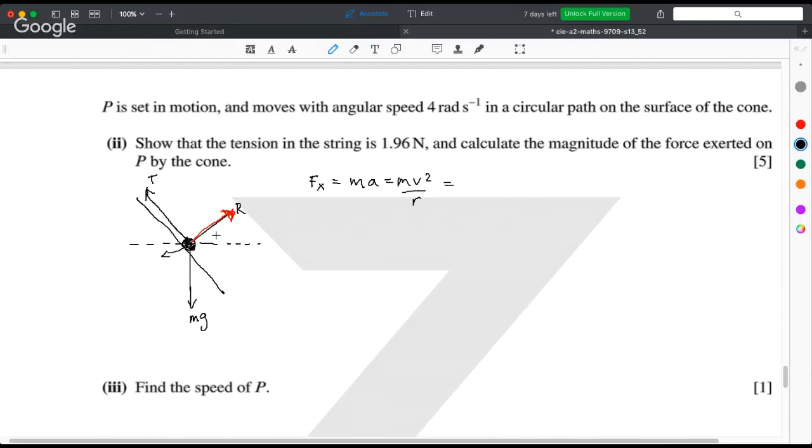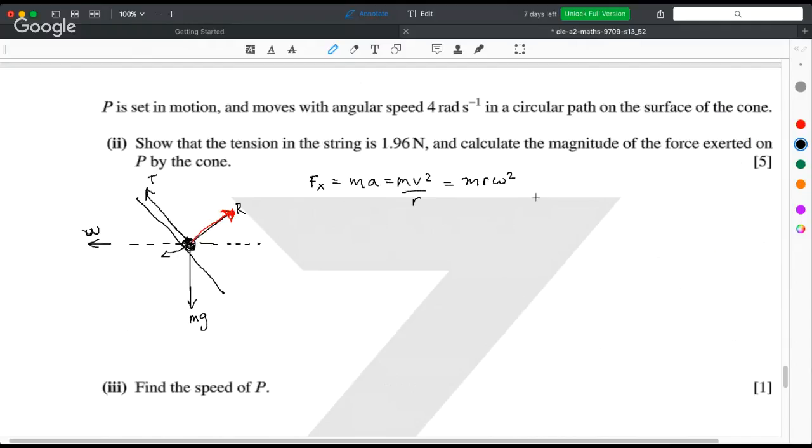This is why we're choosing to resolve along these coordinate systems. Your usual instinct might be to resolve along the plane of the cone, but that would be a mistake, because then your mv squared over r, which I should actually write better as m r omega squared, since v is equal to r omega, would be difficult to resolve. You would have to resolve that as well along that, whereas it is already resolved along the flat x direction, omega.